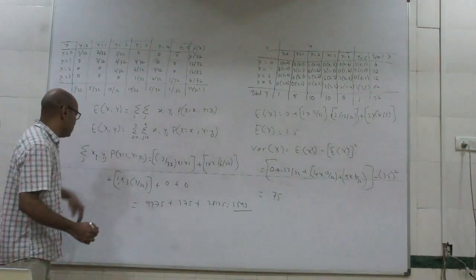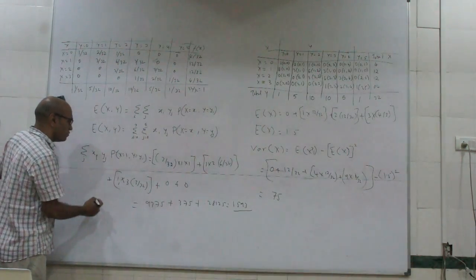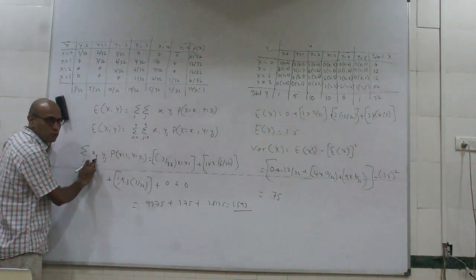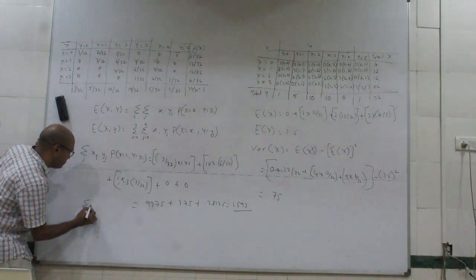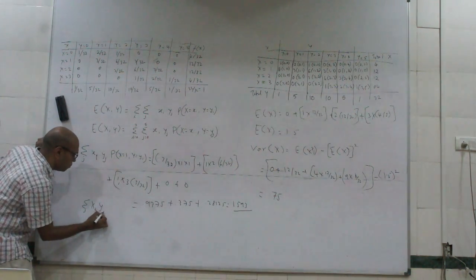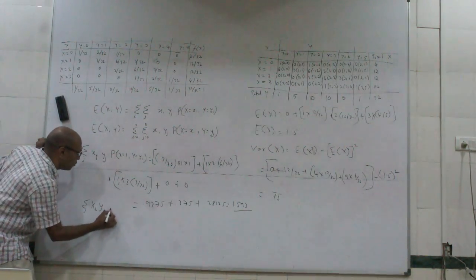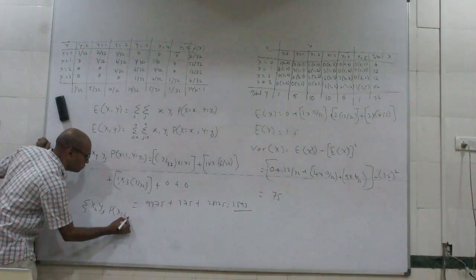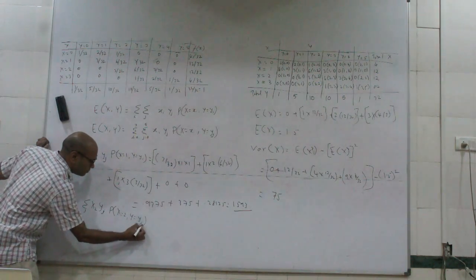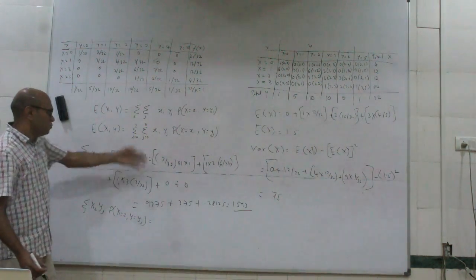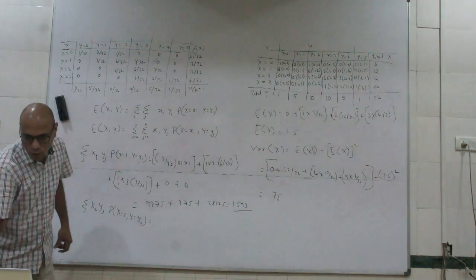If x is equal to 2, the summation over j of x is 2, y is yj, the probability that x is equal to 2, y is equal to yj, has been worked out, so it is 2.25.